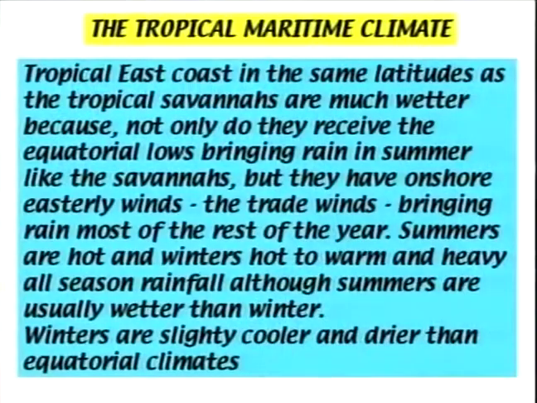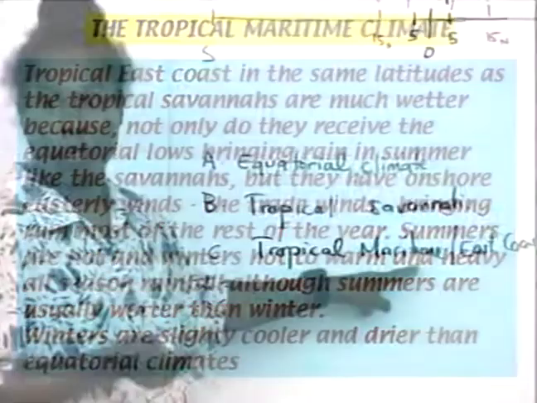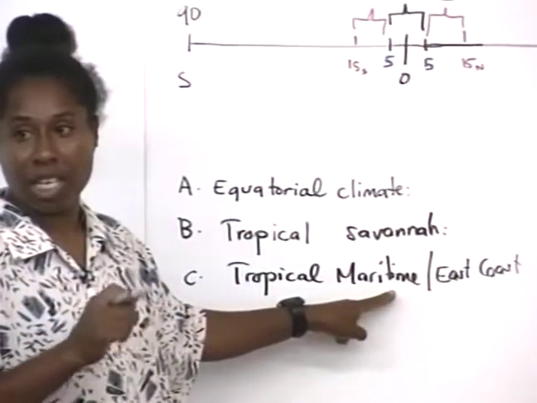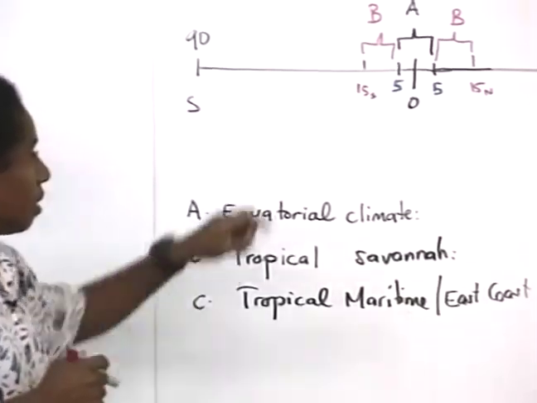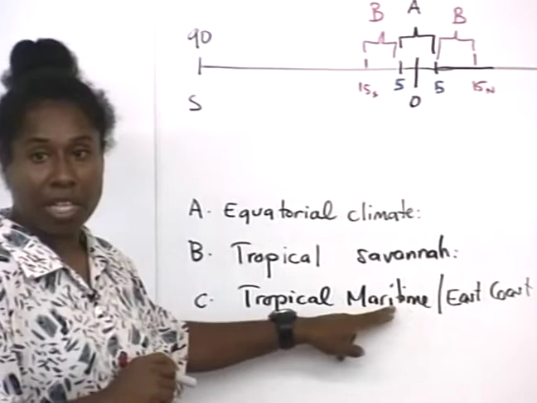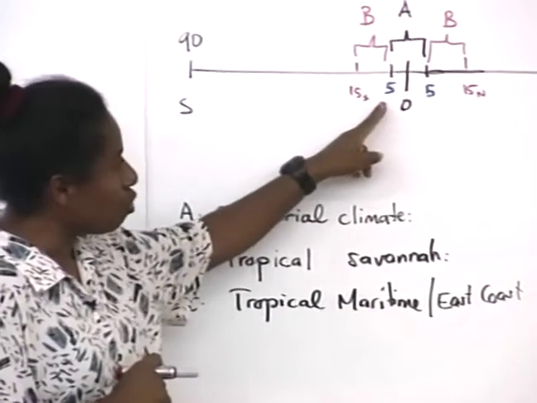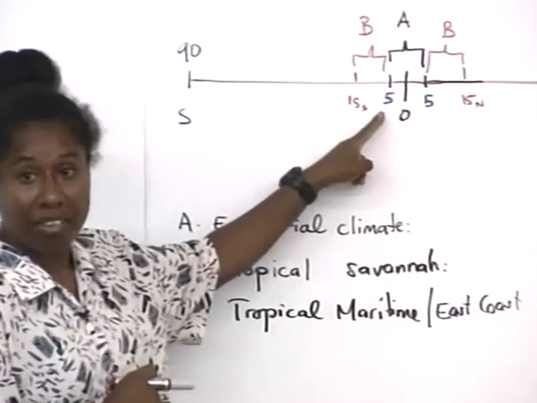Okay, the next climate, which I'm going to make C, is still a tropical climate, and this time it's a tropical maritime. The word maritime has to do with the sea. So this is a climate which is found in the tropical regions, and it has a lot to do with the influence from the sea. The location of this particular climate is similar to the tropical continental, or the savanna climate.